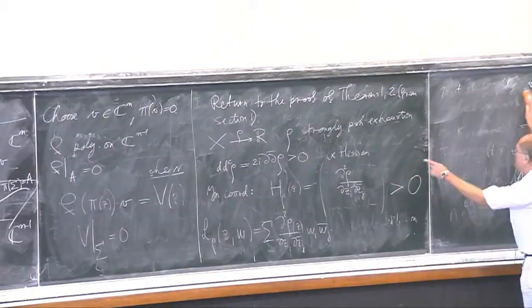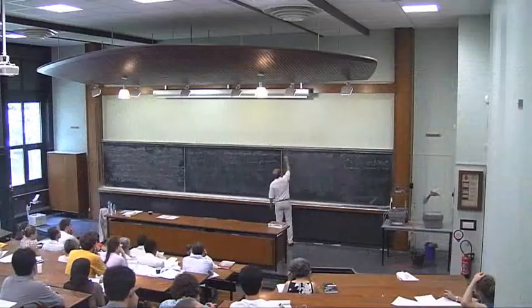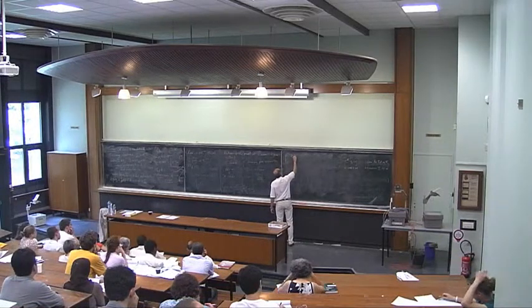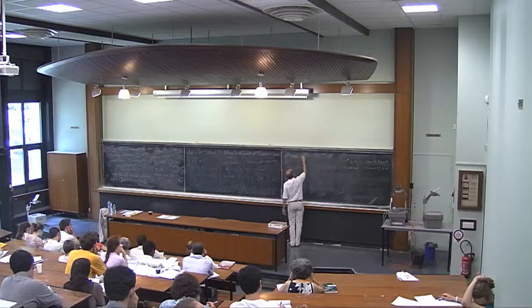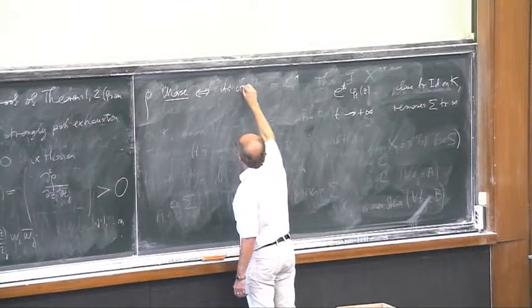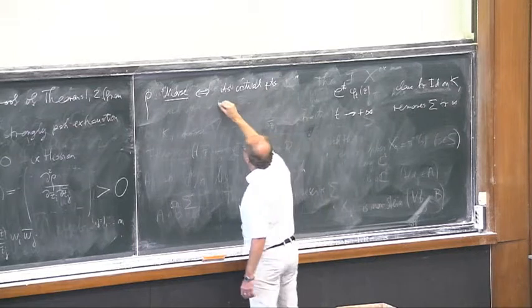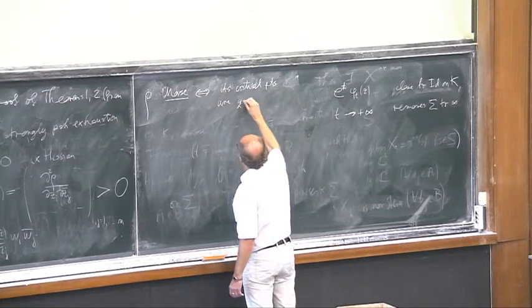And there are many such functions. In addition, I will choose one further property of this function, namely that it's what's called Morse. I want rho to be Morse, which means that its critical points are quadratically non-degenerate.